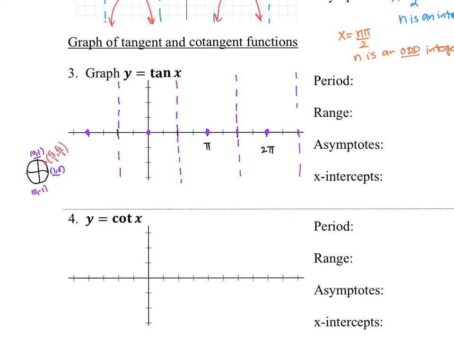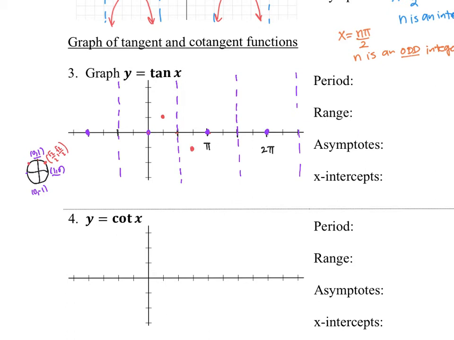The tangent there is root 2 over 2 over root 2 over 2, which is 1. So between here and here, it's going to be positive 1. Then I had an undefined, and if I go to this point right here, that's negative root 2 over 2, positive root 2 over 2. So the tangent's going to be -1. So between this and this, I'm going to go down to -1.